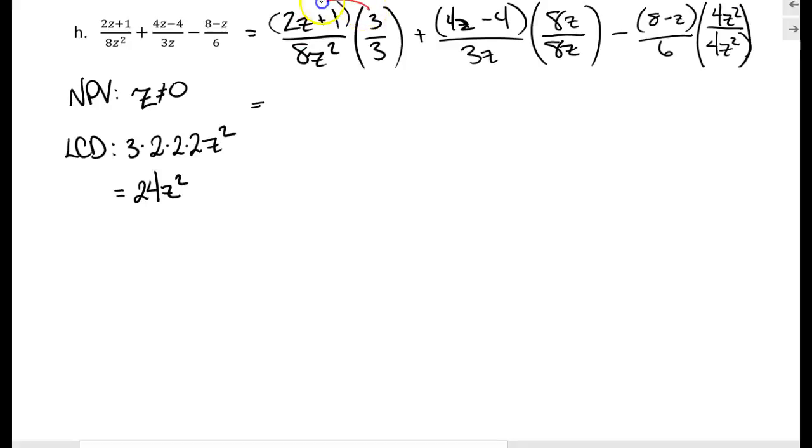Again, I have to distribute. And again, I want to point out that each fraction, each term, can get multiplied by something different because this number is just multiplying by 1.